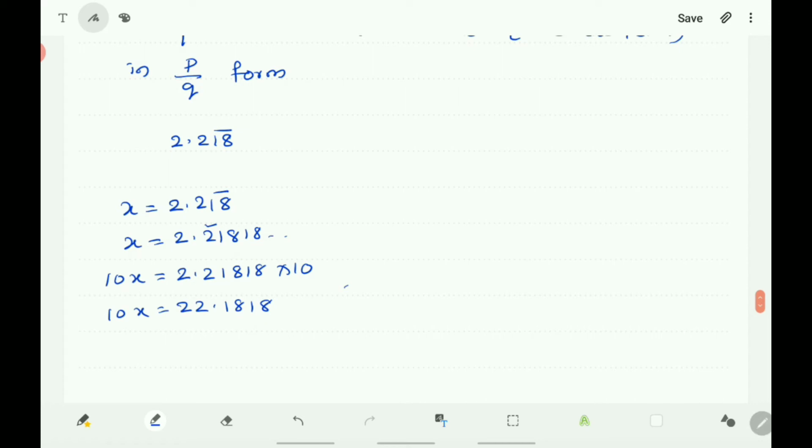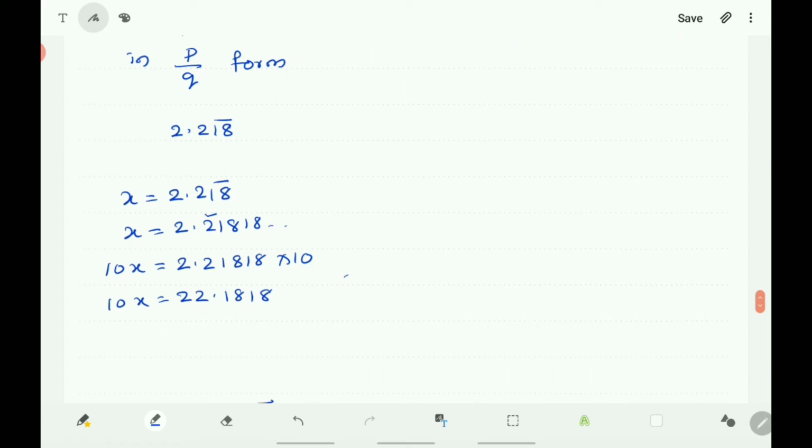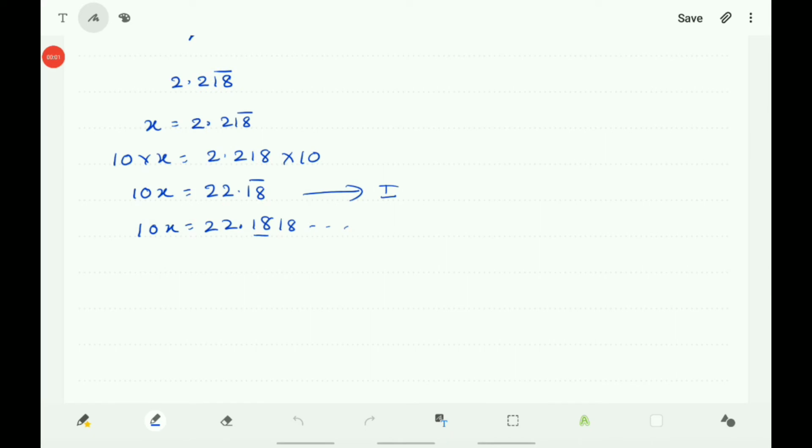One digit after the decimal point comes to the integral part here. Now you take 1 and 8 to the integral part. To take 1 and 8 to the integral part, you multiply both the sides by again 100, because if you multiply 22.1818 by 100, the digits 1 and 8 come to the integral part.